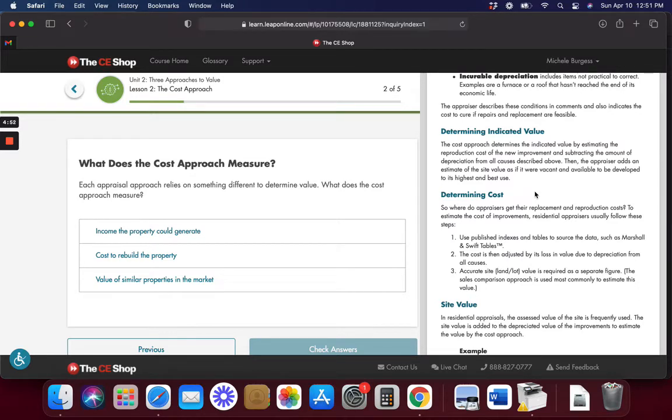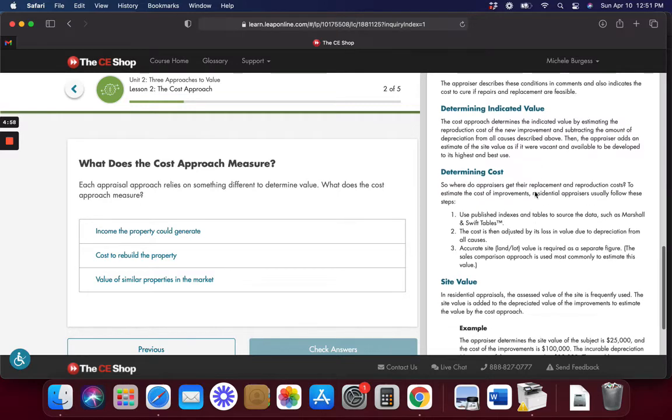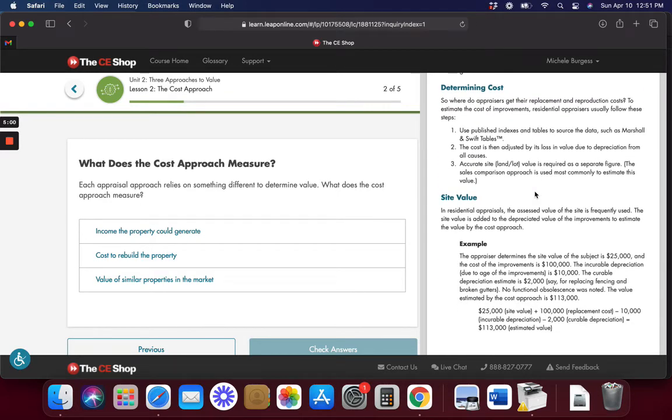They use the cost adjusted by its loss in value, plus the site value. In residential appraisals, the assessed value of the site is frequently used. The appraiser determines the site value is 25, the cost of improvement is 100, the depreciation due to age is 10, the curable depreciation is 2,000, so the cost approach is 113.